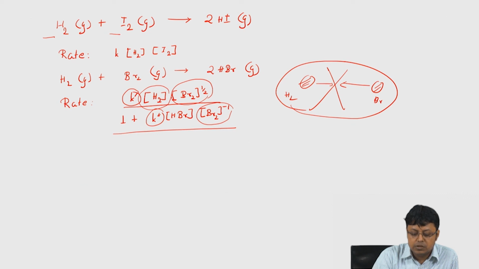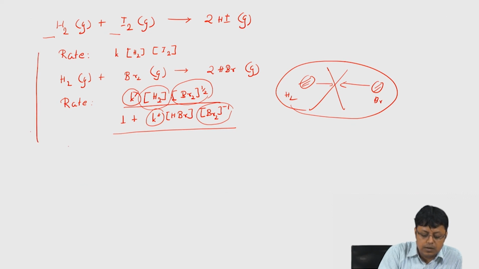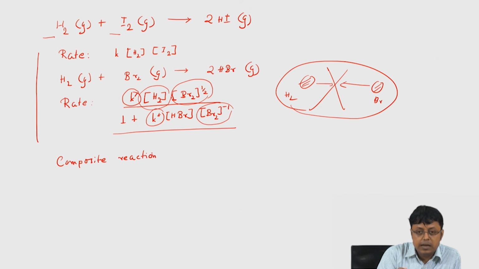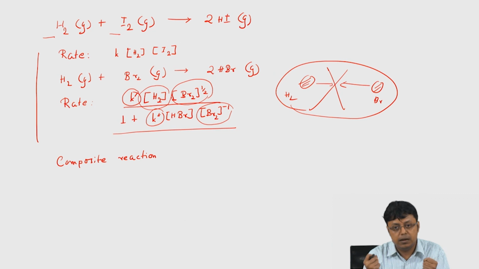So, that means actually this reaction is not happening via this mechanism, but via different steps which we call elementary reactions. So, all these reactions which we are considering are called composite reactions, in the sense that they are composed of many reactions which are elementary or very fundamental reactions, where actually the two components come and collide against each other, and then they form some intermediate species, and that intermediate species further reacts with some other component to give you the reaction.